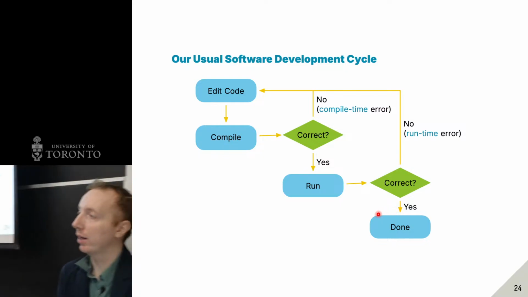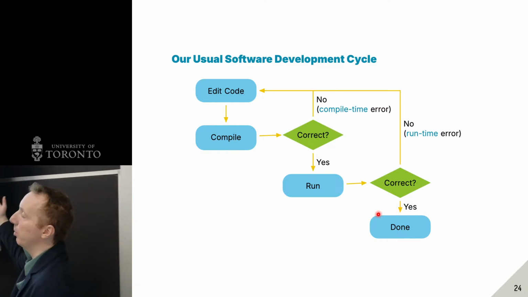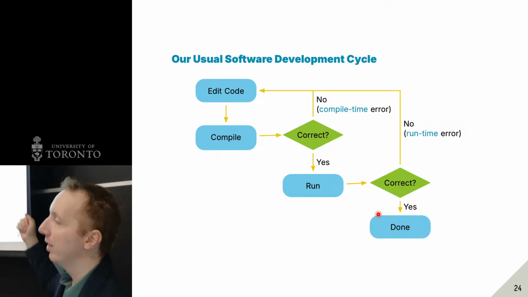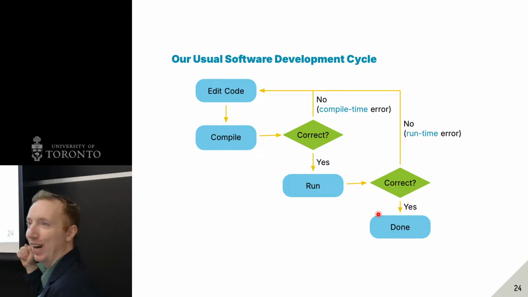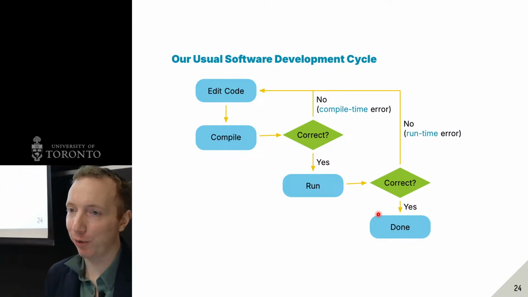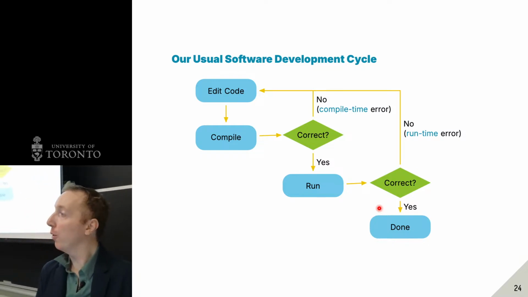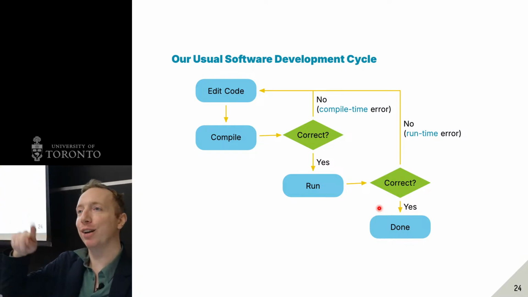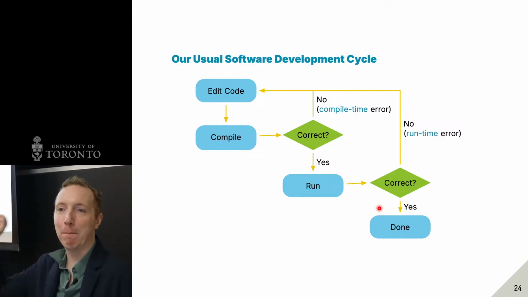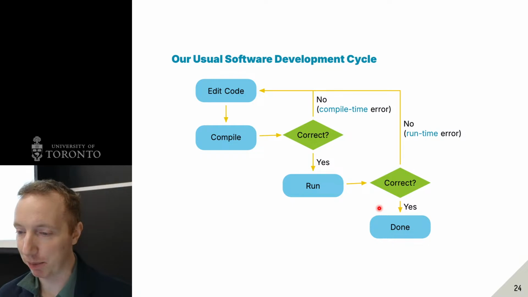If it is now correct, we are done. You probably followed something like this if you have already done Lab 0, but this is pretty much your life now. So get used to it. This will be your life, at least for this course. So hopefully you don't have to go around the loop a lot of times. Hopefully it's just compile yes, run yes, boom, you're done, and then you go home happy, or you're already at home.